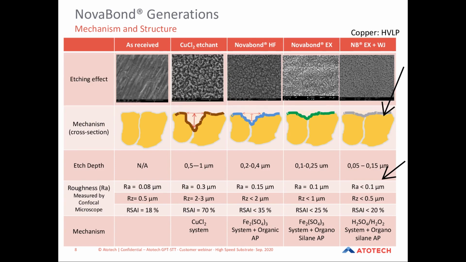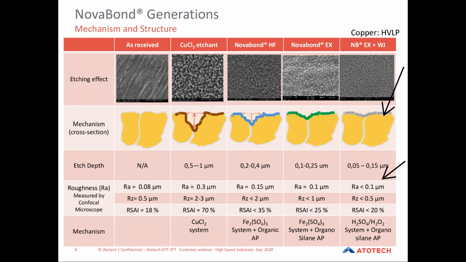That's true if you don't add chemical adhesion or an adhesion promoter. So that's why for NovaBond HF and NovaBond EX, we put an adhesion promoter on top, to bring back the concept of adhesion into the system and enhance the adhesion even more.